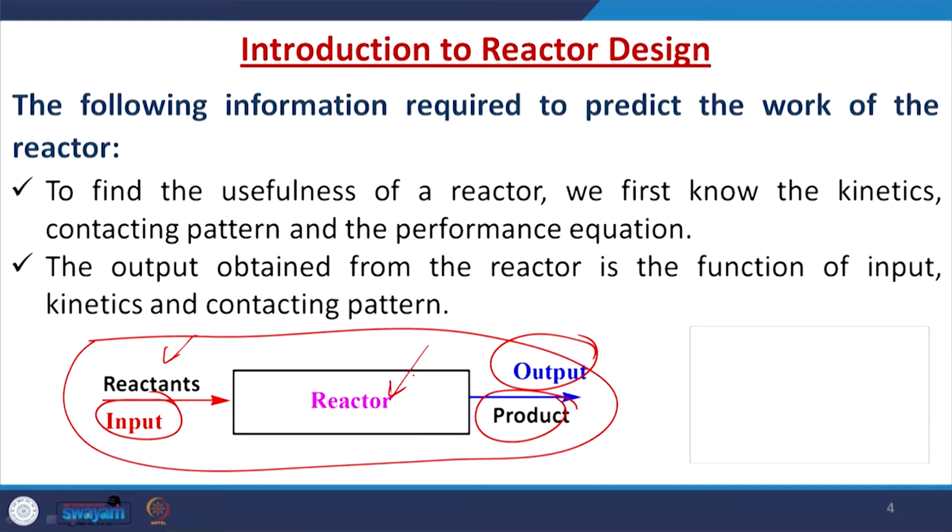reactor. Now when we talk about this particular thing, we should know what is happening inside, what is the purity of my reactants, how much they are participating in this particular reactor, what is the fate of the unreacted stream, how you are separating any kind of byproduct being generated, how you are separating the desired product from the reaction mass, how you are controlling the properties of the product.